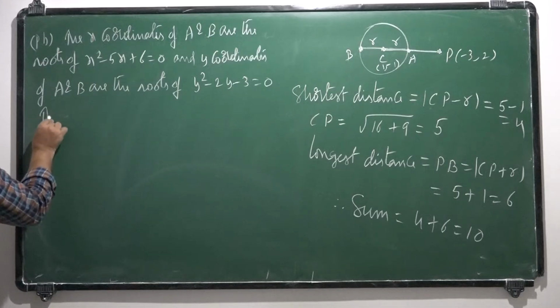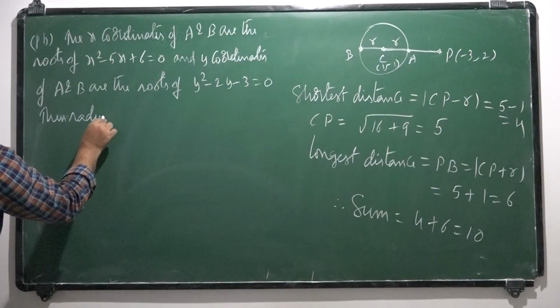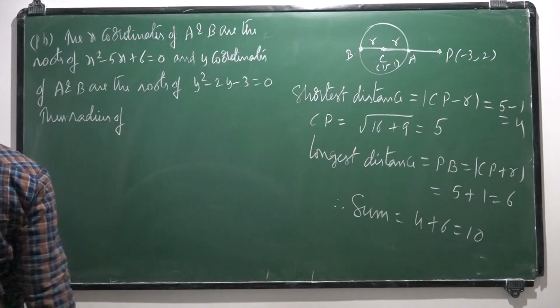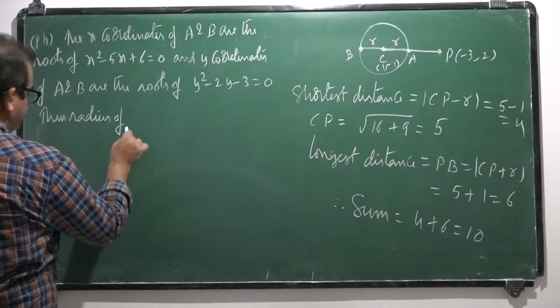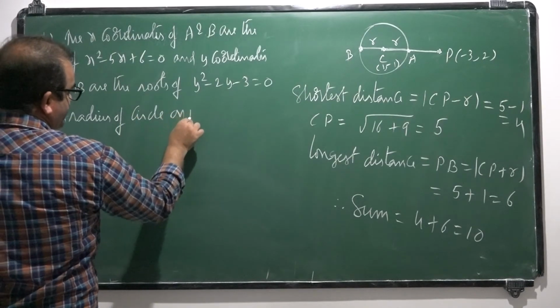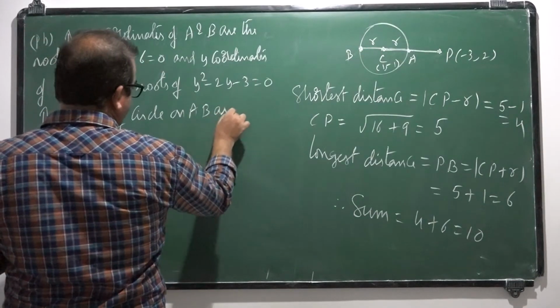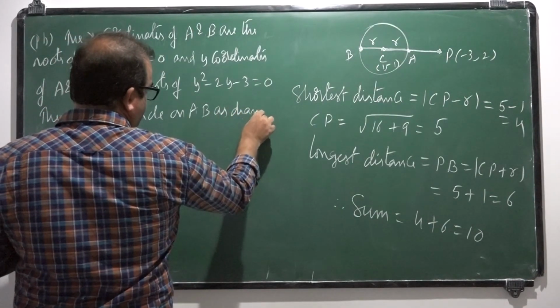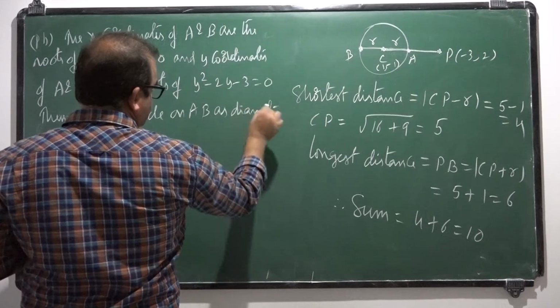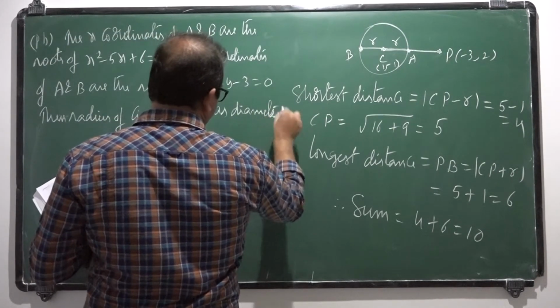Then find the radius of the circle on AB as diameter.